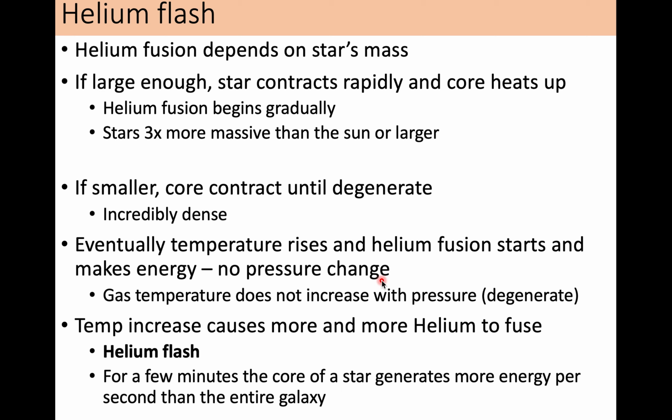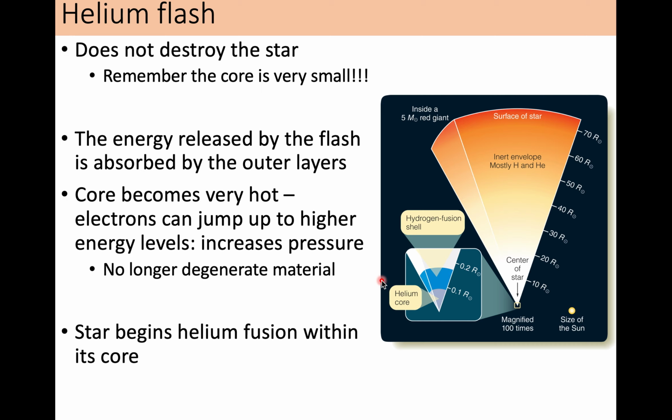That's why it's called a flash, this helium flash. The core of that star is going to be creating more energy per second than the entire galaxy at the time. What's even cooler is that this doesn't destroy the star. The star survives, even though it's creating more energy than the entire galaxy.